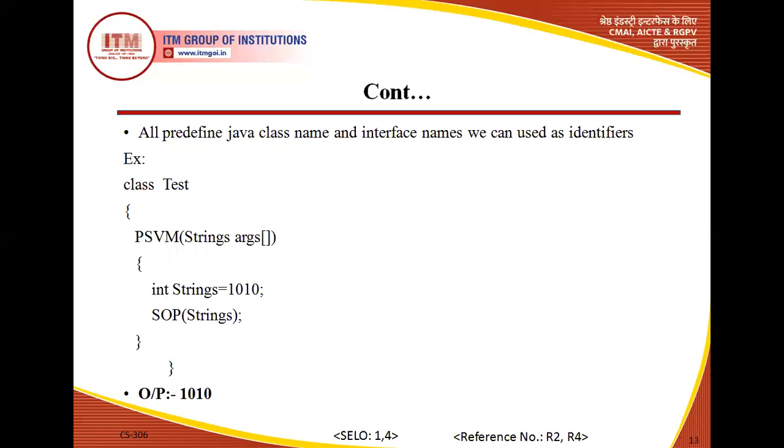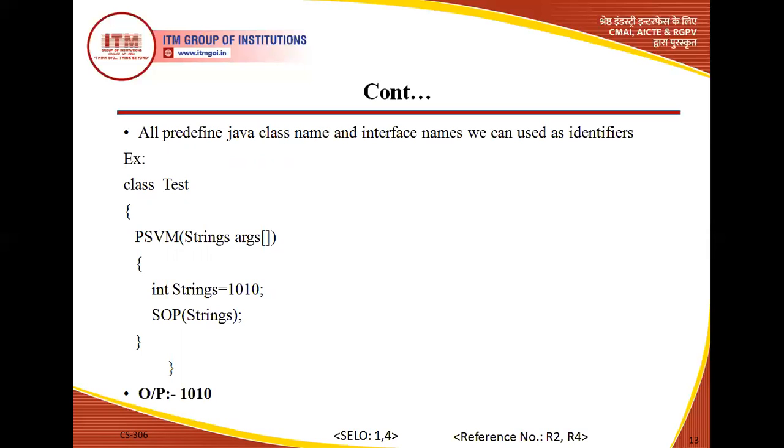And the last point: all the predefined Java class names and interface names can be used as identifiers. This is an important point.